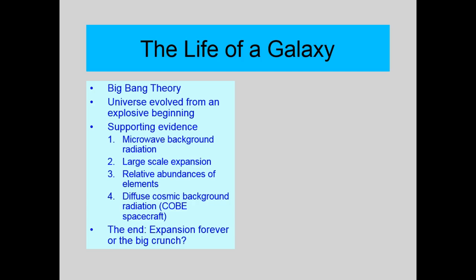Two-way communications would require twice the time. So if you were talking to Mars, our second closest planet neighbor, the Moon is our closest neighbor, Venus is the closest planet neighbor, Mars is the next closest. It would take 4.3 minutes for your signal to reach Mars.